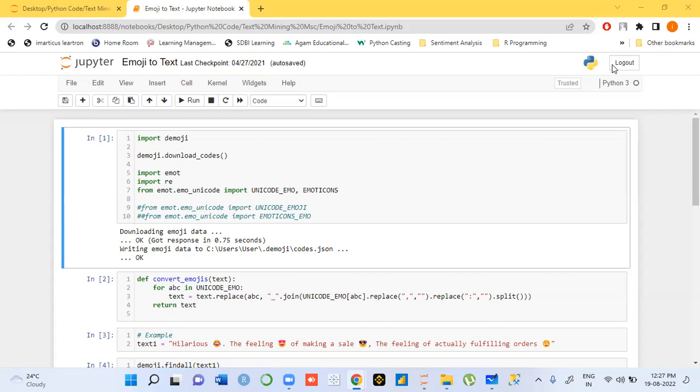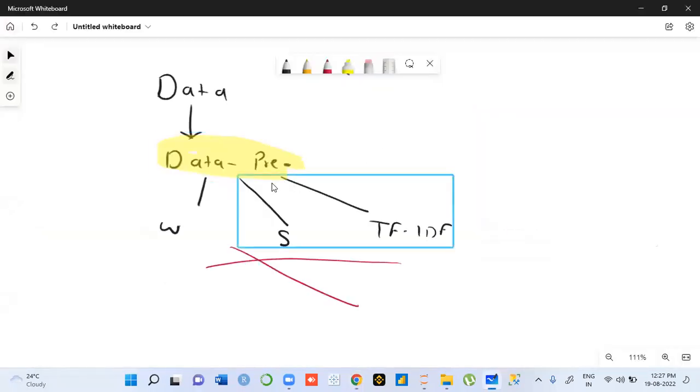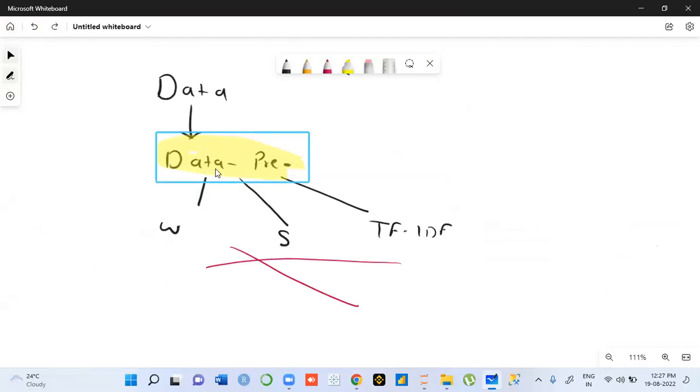You can use it for sentiment. Agree? Yes, you can use it because symbolic representation is sentiment. Yes, you can use it for everything because, as I mentioned, pre-processing has to be done prior to word cloud, prior to sentiment, prior to TF-IDF. Correct. Today I have done it in Python also.